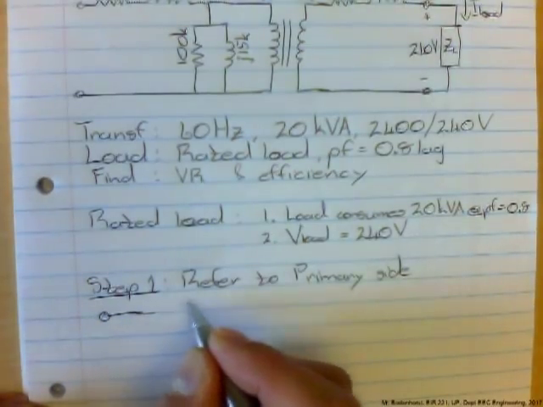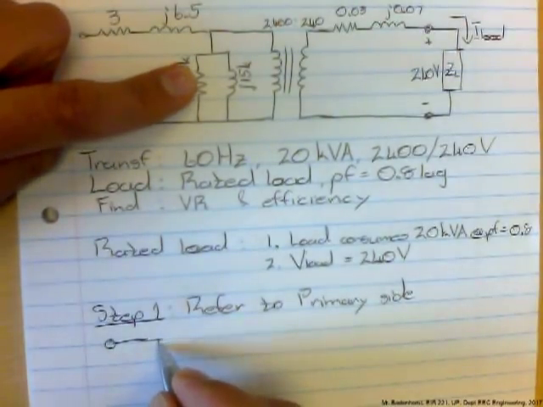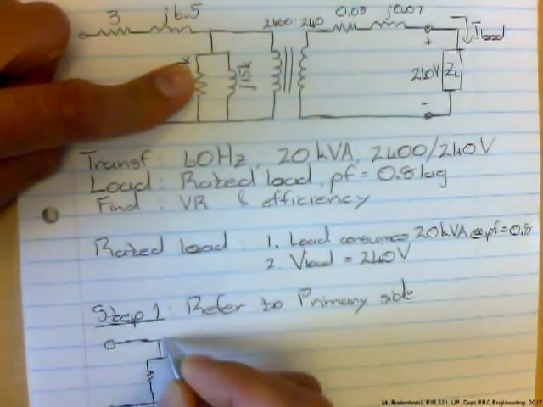So the first thing is we're actually going to shift our excitation branch to the front, because remember the current flowing through there is very small, so the effect it has on the circuit is very small.